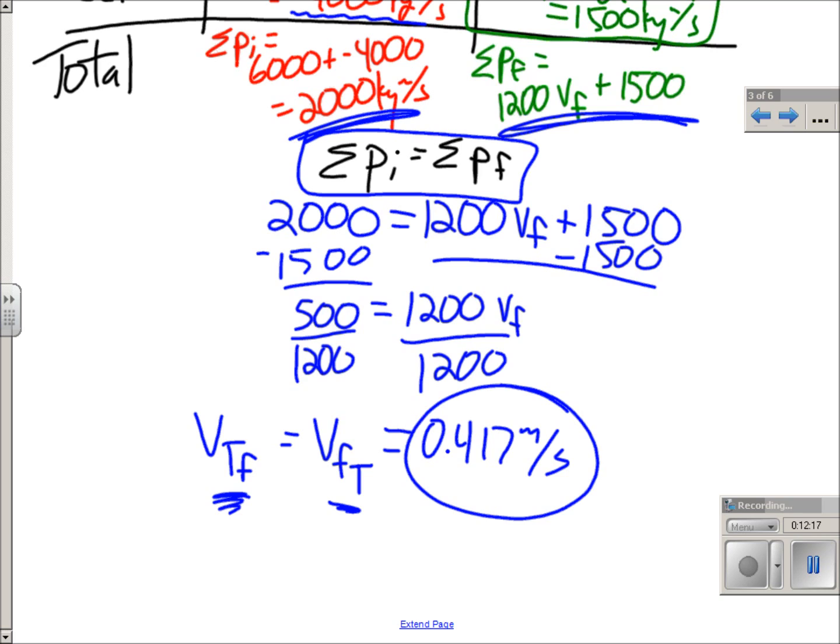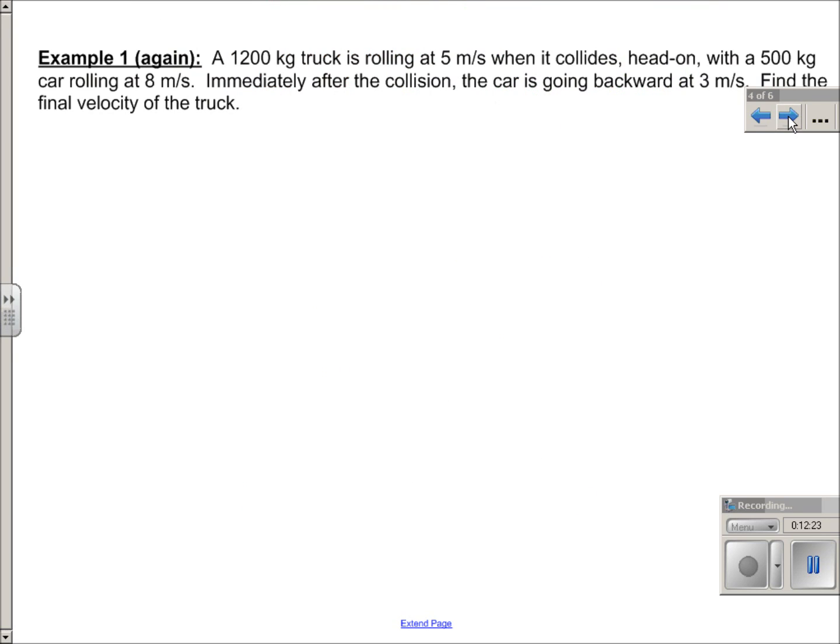All right? That said, there's sort of a more streamlined way of doing it, which is this. Okay, so we're going to solve it again. I'm going to, off to the side over here, do a little bit of algebra. All right, so check it out. The whole idea is that our total momentum before the collision has got to equal our total momentum after the collision, right?